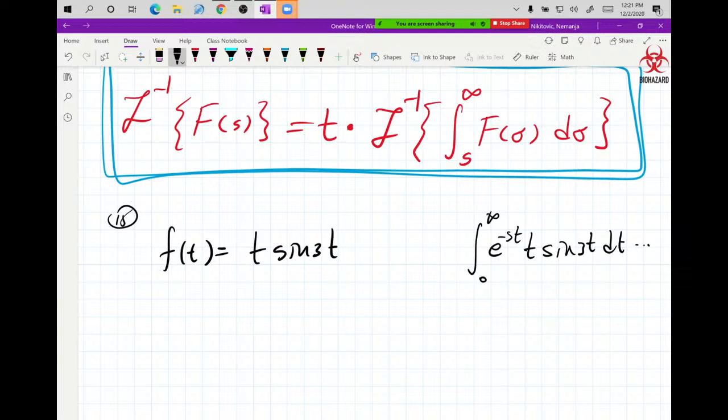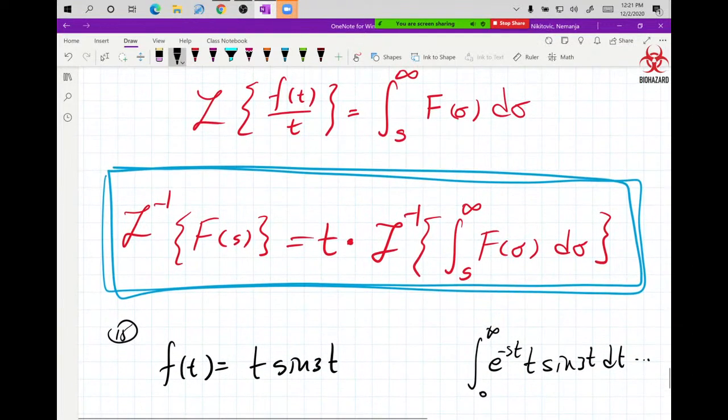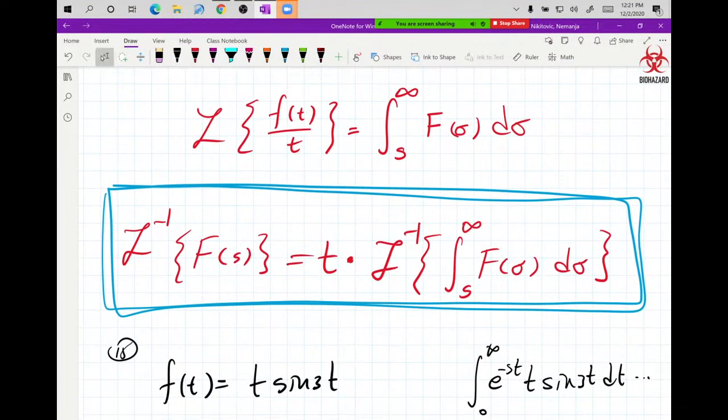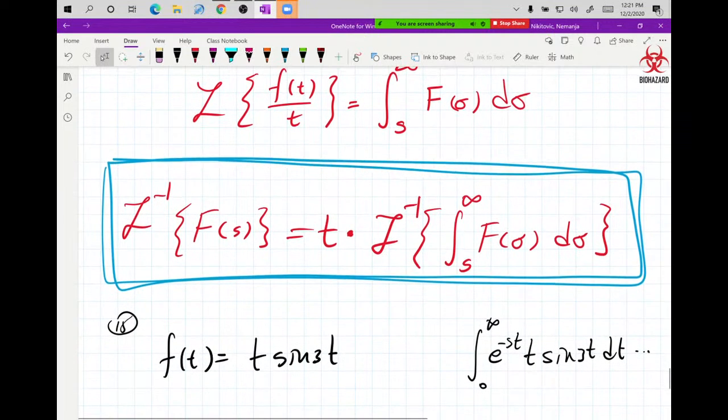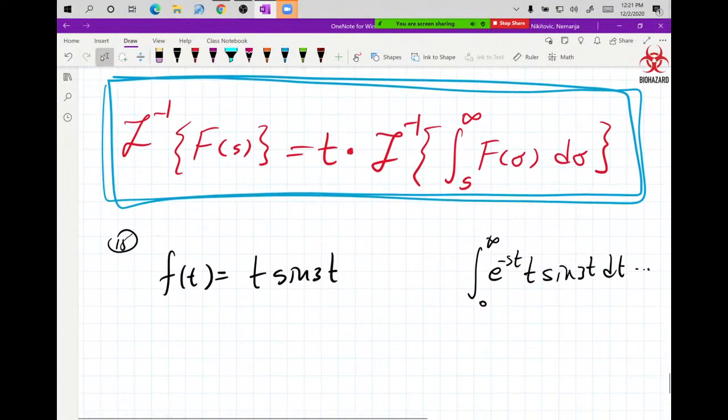Now, what you can do instead is use the formula up there, because of Laplace of f divided by t.